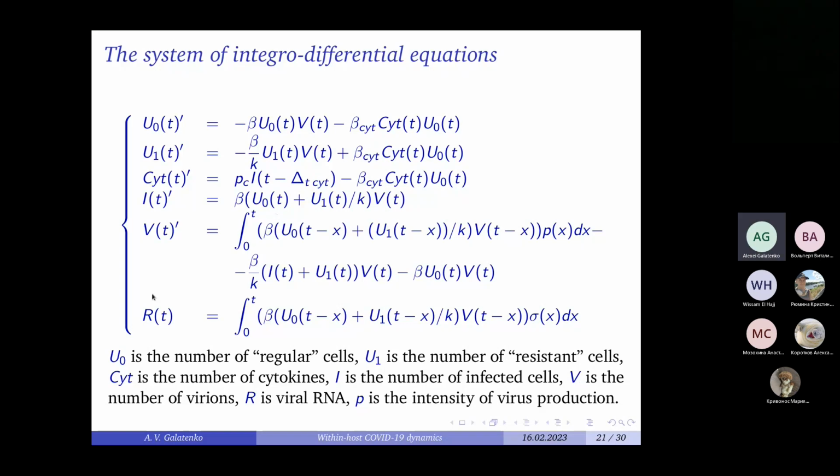The sixth equation is for intracellular RNA. On the one hand, it is similar to the fifth one. Viral RNA is produced in a similar way using another kernel, sigma of x.